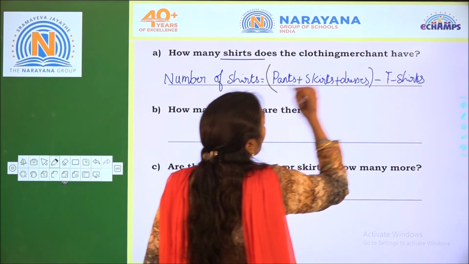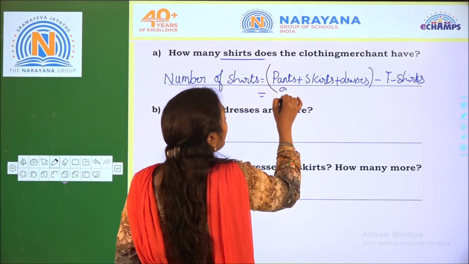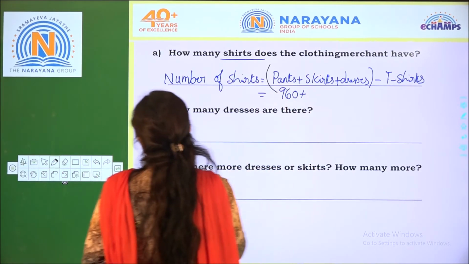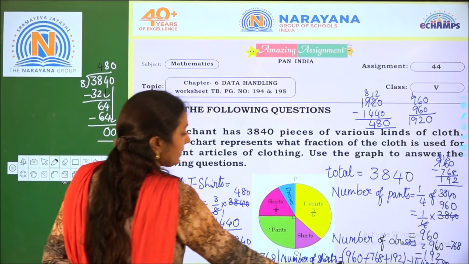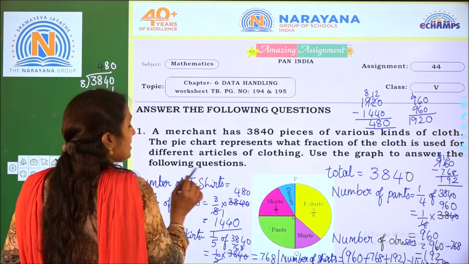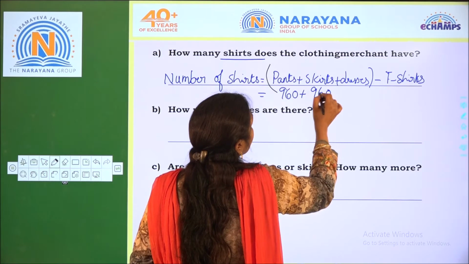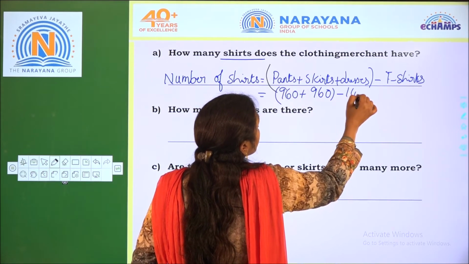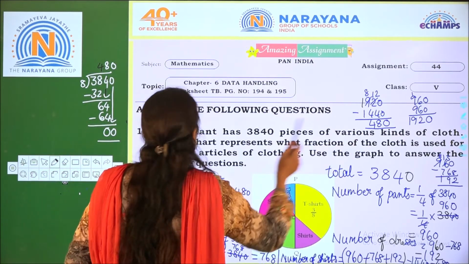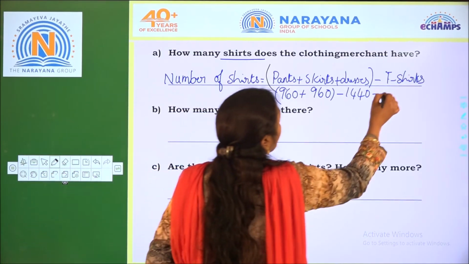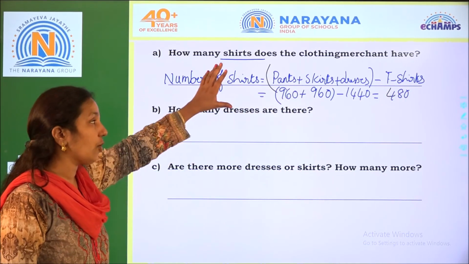So here 960 plus 768 plus 192, that is nothing but 960 plus 960, minus 1,440. How much did you get, children? 480. Okay, got it?